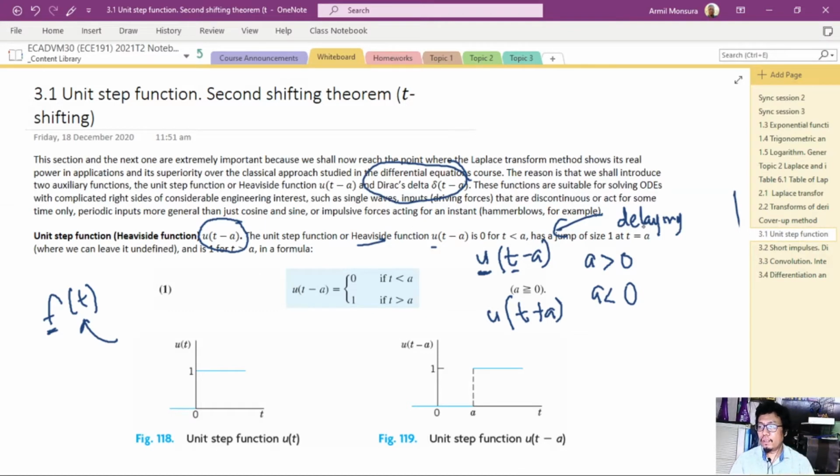Introducing a delay on your function is much more practical than advancing, because advancing means you are taking the future value of the signal now, which is not possible.